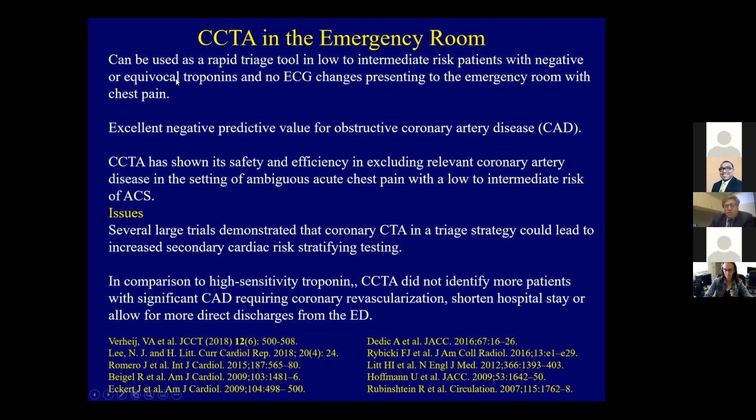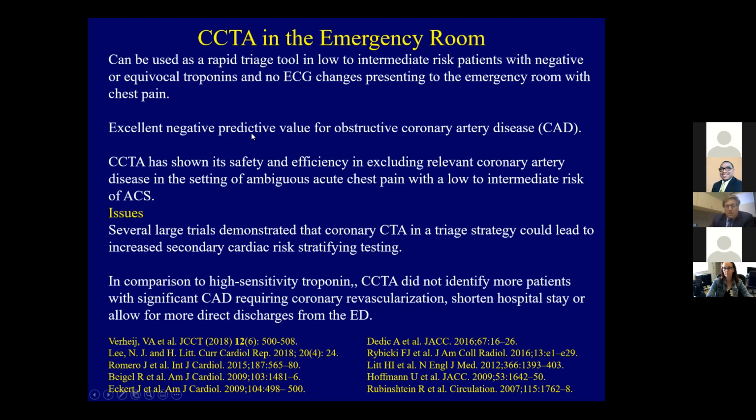Again, it has been studied for many years as a rapid triage tool in low to intermediate risk patients with negative or equivocal troponins and no EKG changes presenting to the emergency room with chest pain. Again, we know that CTA has excellent negative predictive value.